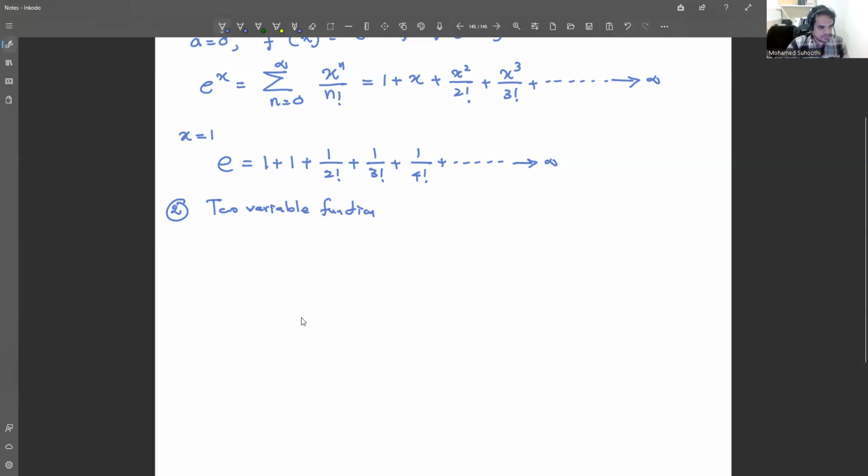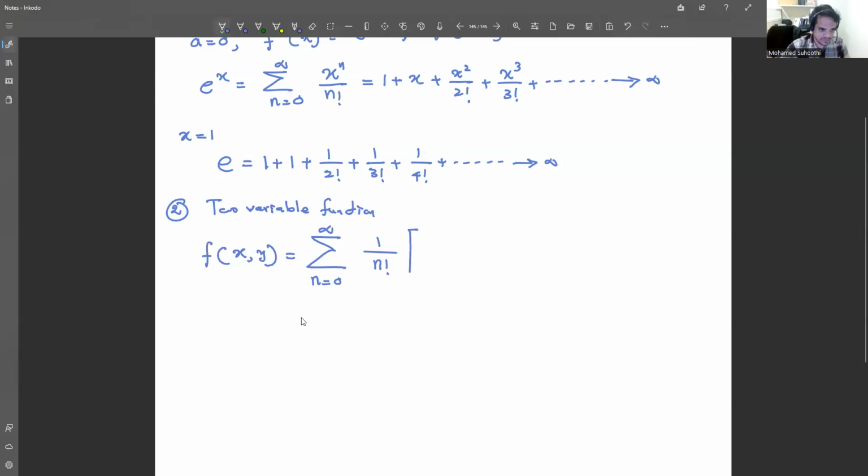For example, let's say it is a two variable function, the function is f of x comma y, right? So in this case, the Taylor series expression is n equals 0 to infinity, same 1 over n factorial. Here you have to write the nth derivative, right? In the nth derivative for a two variable function, you have to differentiate each variable separately, like our chain rule, right?